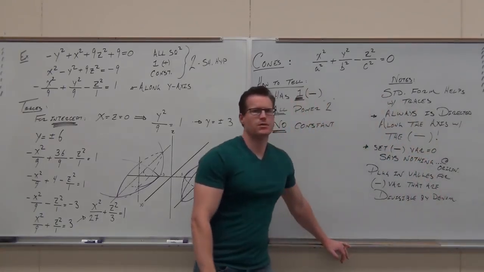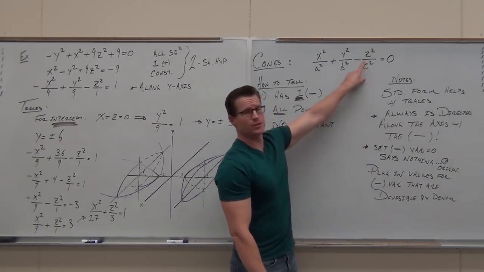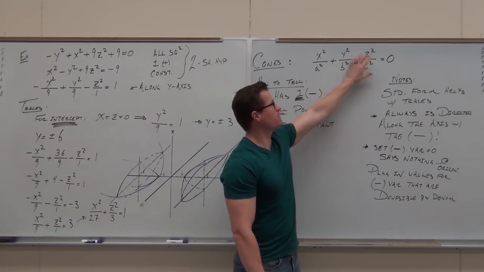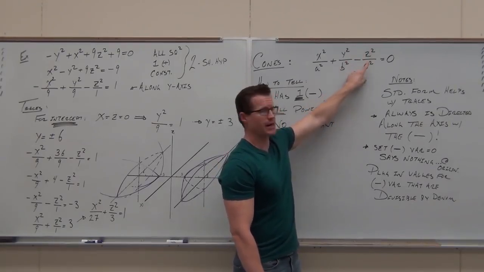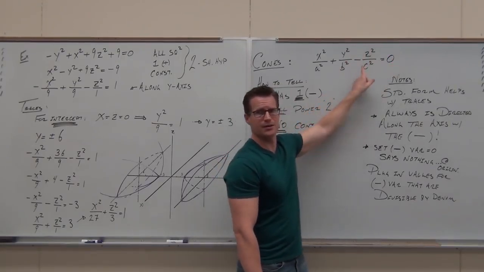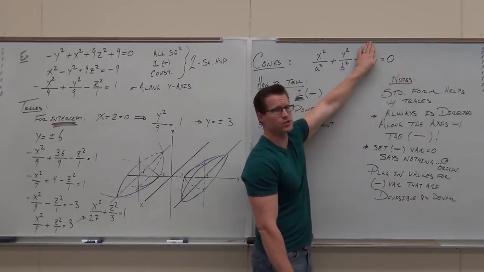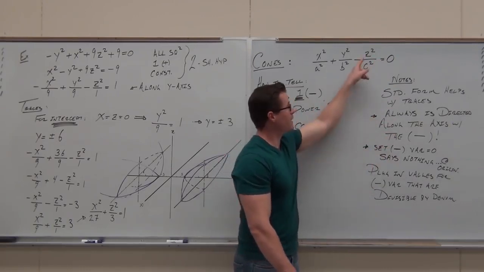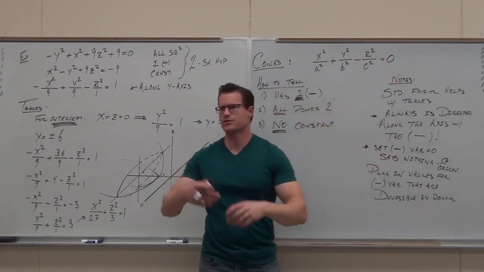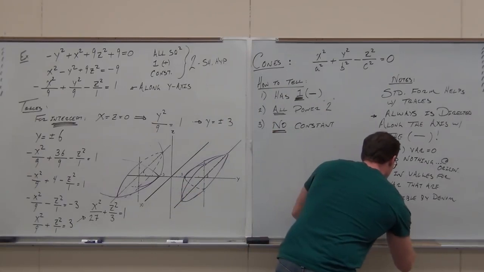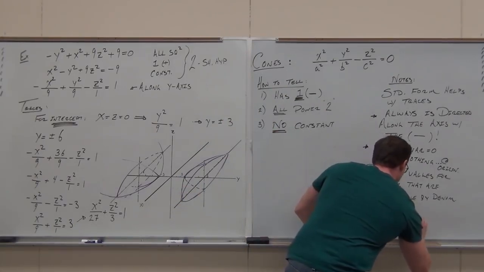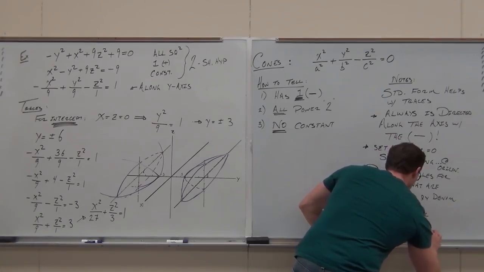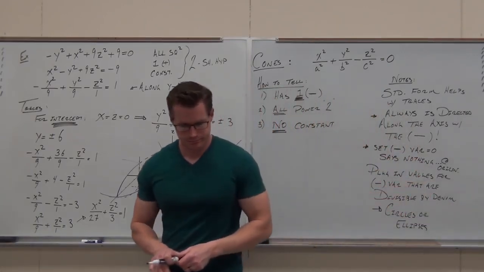If I plug in numbers here to the negative variable, it's going to give me a minus number, which I will add to the other side. If I add that to the other side, I now have a constant over there, and that gives me circles or ellipses. Do you see it? So plug in some numbers to that variable, add it to the other side, and then we're going to have circles or ellipses. That's why we get a cone. That's why.